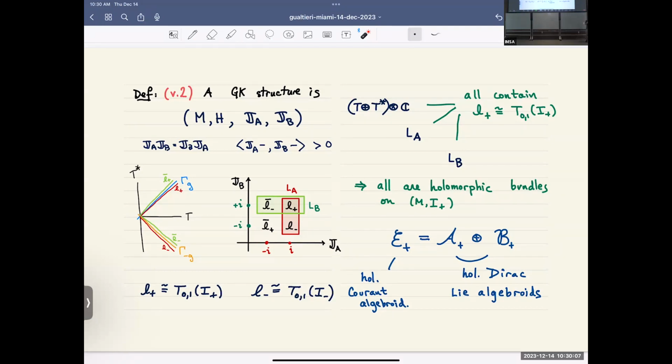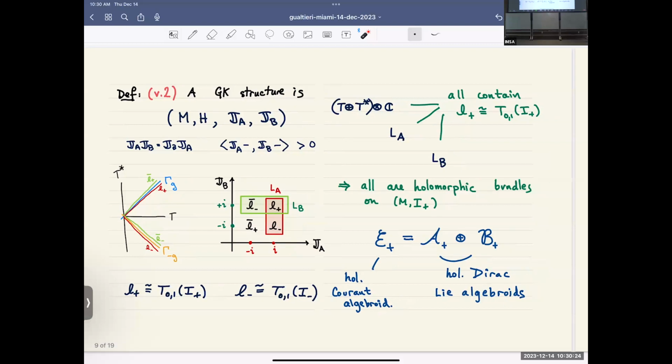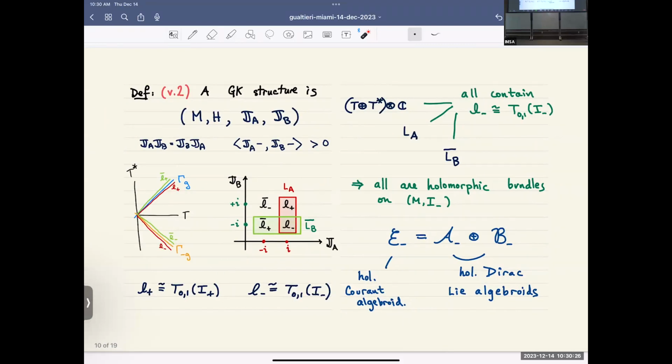So what does this mean? This means that we suddenly realized that on the two complex manifolds in GK geometry, we have this richer structure. What is the structure? It's a holomorphic Courant algebroid with a pair of holomorphic Lie algebroids sitting inside them, okay? And we get the same thing for minus. So these two slides are supposed to be very slightly different.